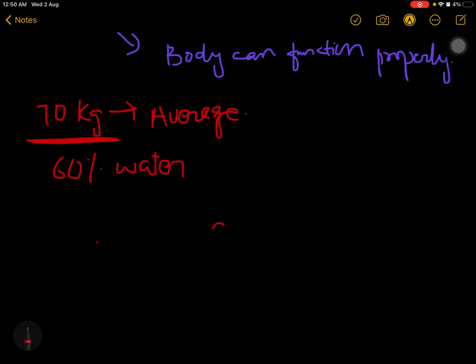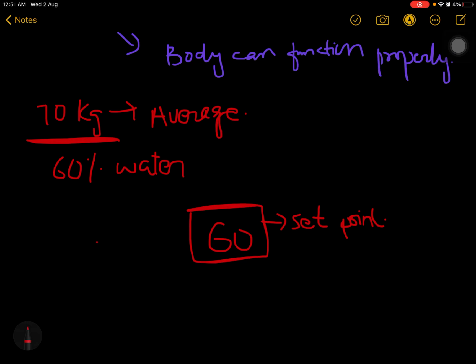So this 60% is basically the set point. In order to maintain this 60%, the process of homeostasis takes place, so that all the functions of our body take place properly, right?